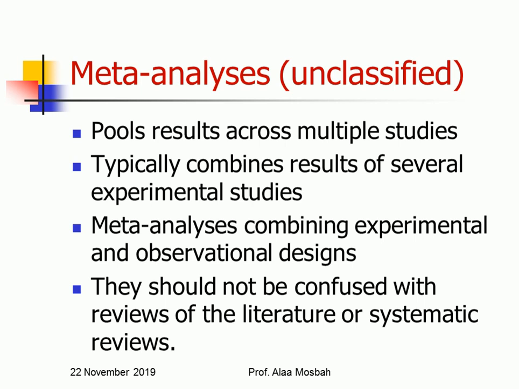Please remember that it is different from reviews of literature or systematic reviews, because here I collect data, numbers, from different studies of the same target. Then I analyze all these data to reach a conclusion at the end. I'm not just mentioning knowledge, okay? So it is different from a review article or systematic review.